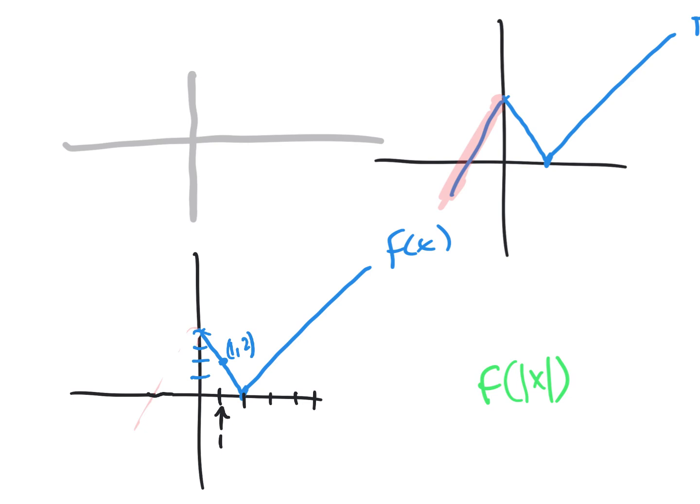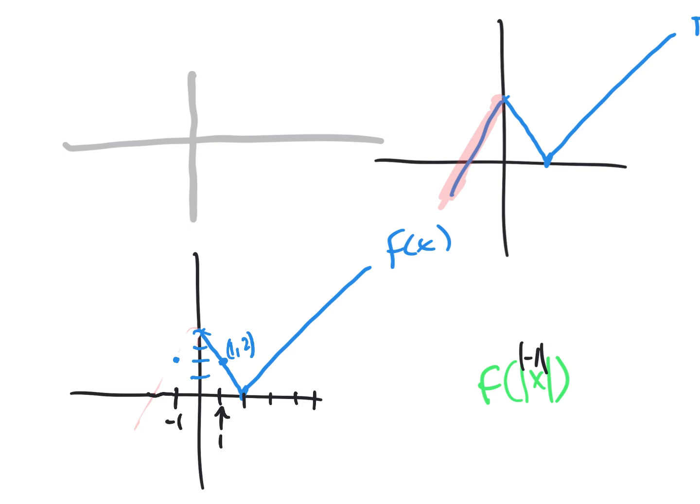If I stick in a negative 1 into my function, it thinks that I put in a positive 1. Watch. Because if I absolute value it, then when it comes out of the absolute values, it's just like I had put in a positive 1. And so it says, oh yeah, the answer's 2. Because it thinks I put in f of positive 1. So then it's going to say the answer's 2.